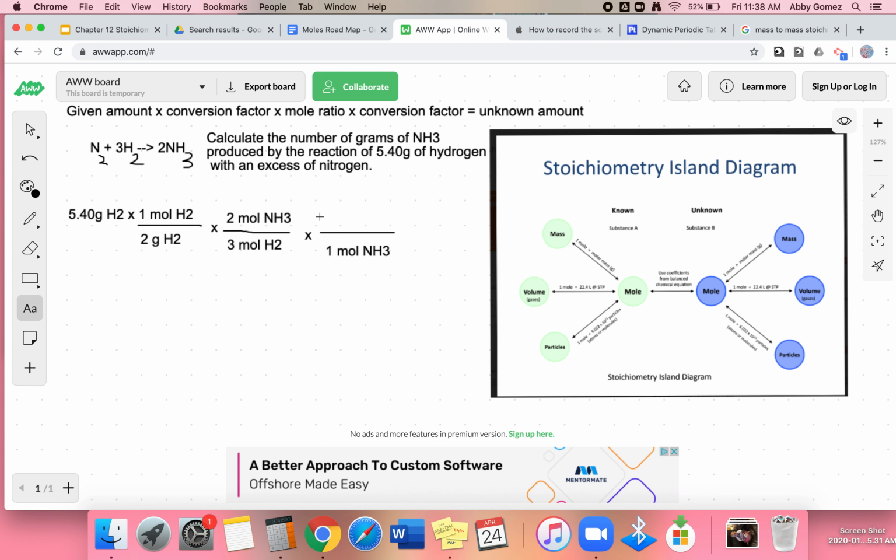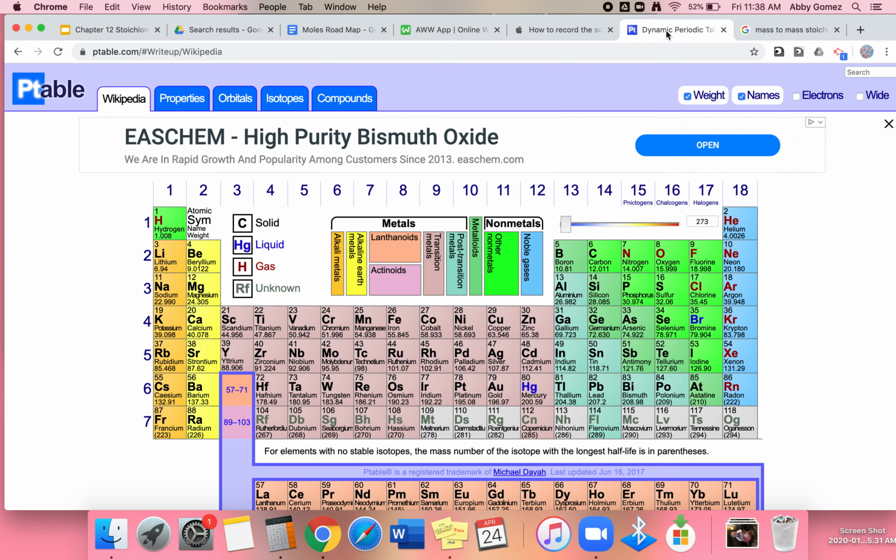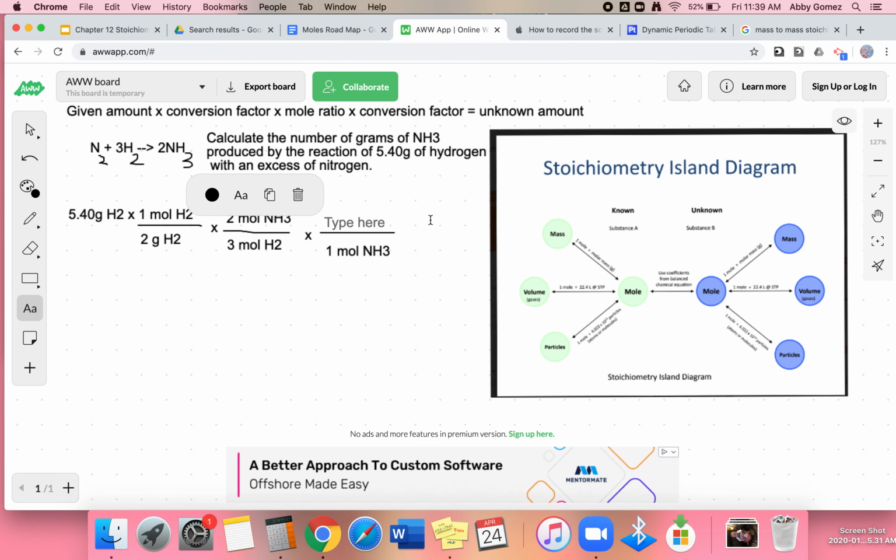And then on the top is what? The molar mass of ammonia, NH3. So we have 3 H's. So 1 is the mass of hydrogen times 3 is 3, plus the mass of nitrogen is 14. So 14 plus 3, 17 is the molar mass of ammonia.